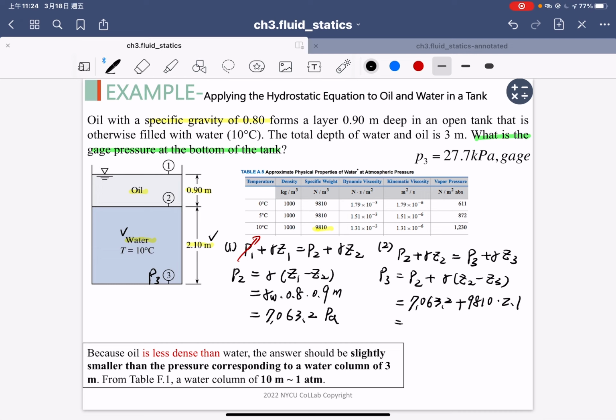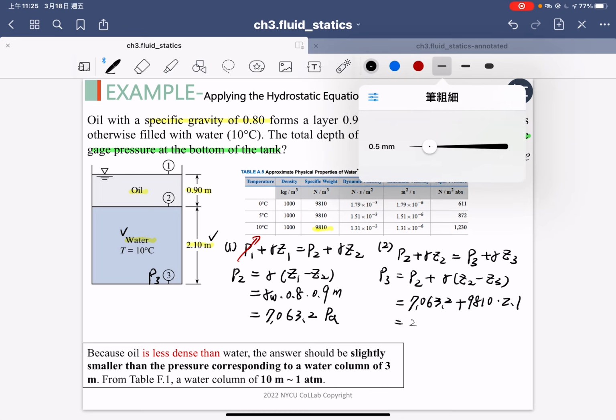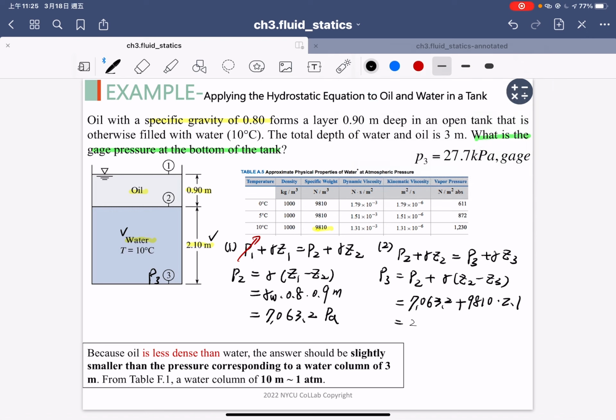You can compute it by yourself, and the result is equal to 2764.2 Pa. It's quite a similar answer to the one shown here. They are the same, and this pressure is the gauge pressure.